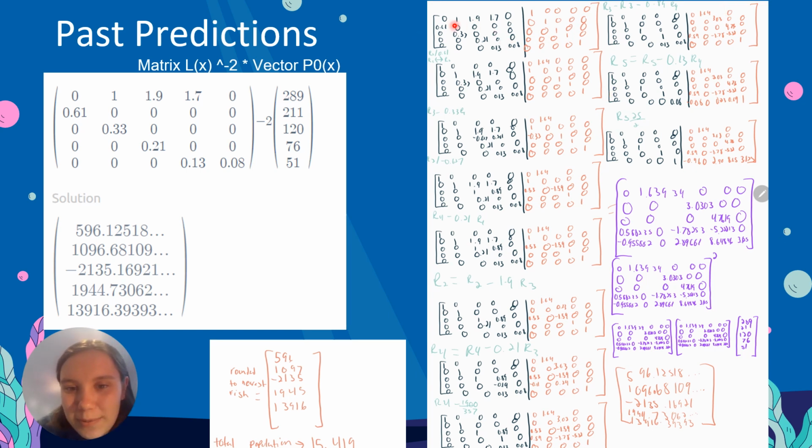Basically, to find the inverse, we take our original L matrix and put the identity matrix on the right, and then we row reduce until the identity matrix is on the left-hand side, which happens right on this step after all these row reduction steps, to get our final matrix right here.